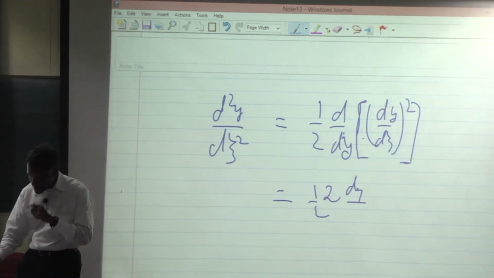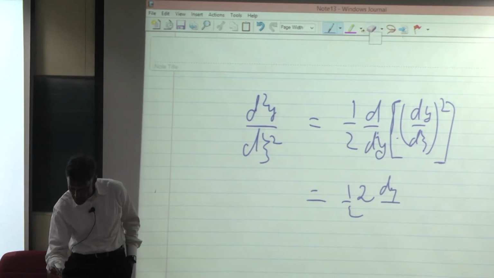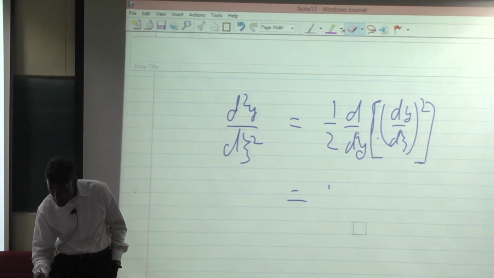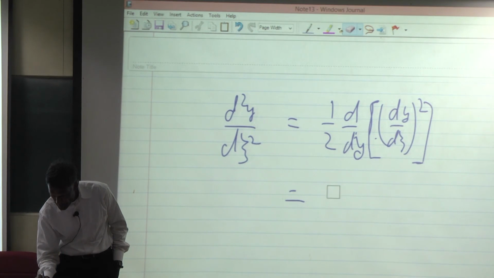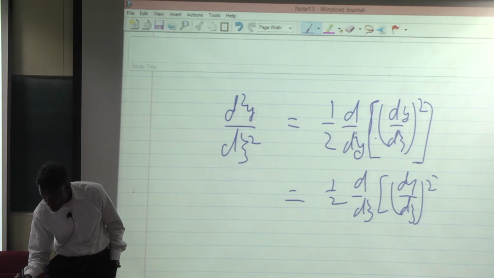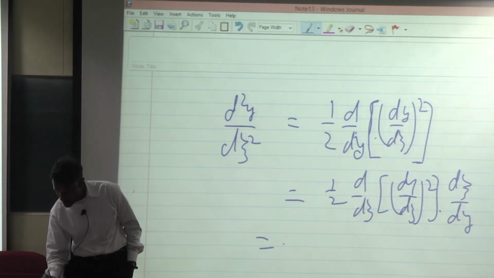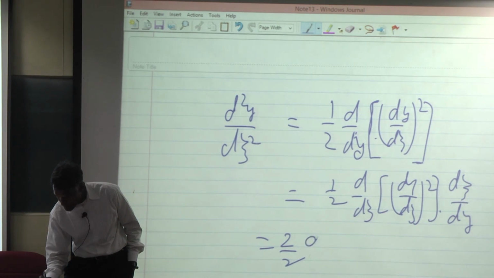Now if you want to differentiate, you can see that it is indeed correct, because I can write that as half d of dc of (dy dc) squared, and then dc dy. Now to differentiate that expression, the derivative is going to be 2. There's already a half over here.